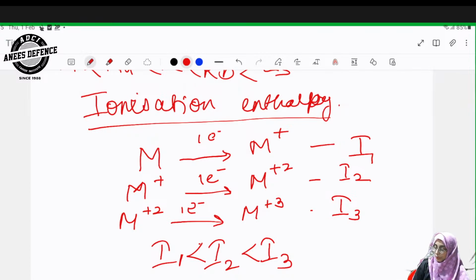The value increases as removal of the electron becomes more and more difficult.